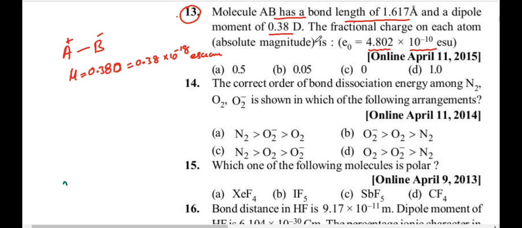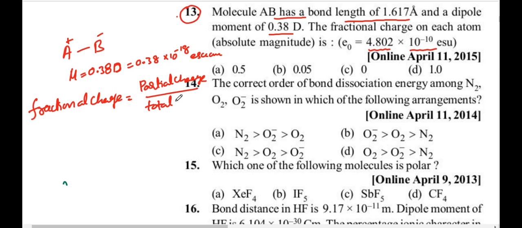The fractional charge equals partial charge upon total charge. What is the total charge? Whenever one electron is completely shifted, we can take the total charge, the ionic case.